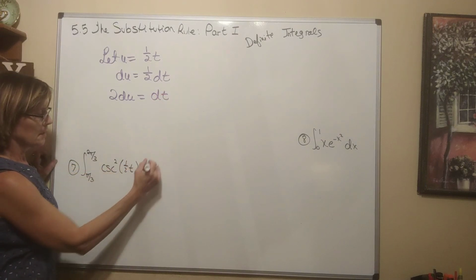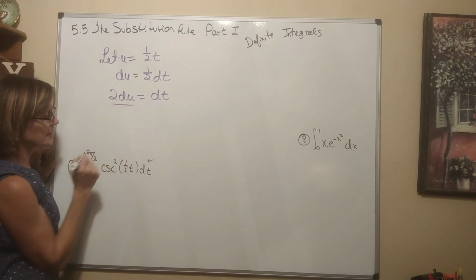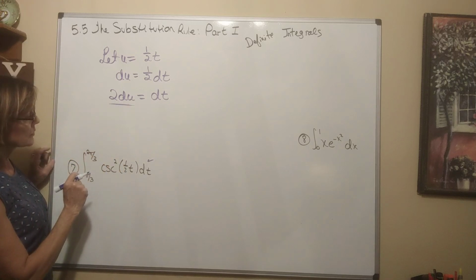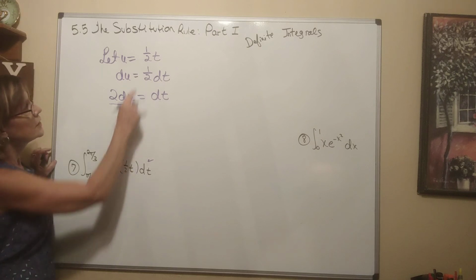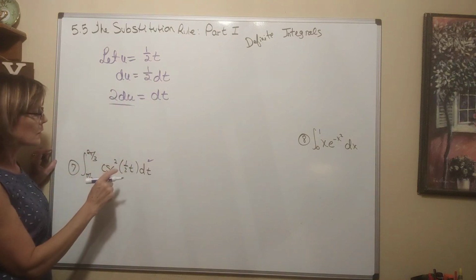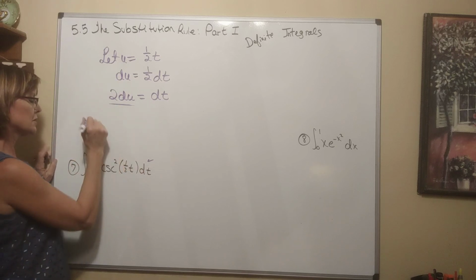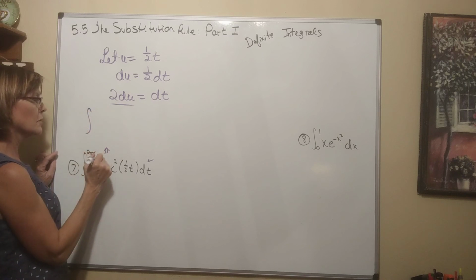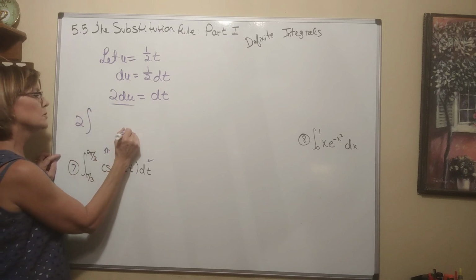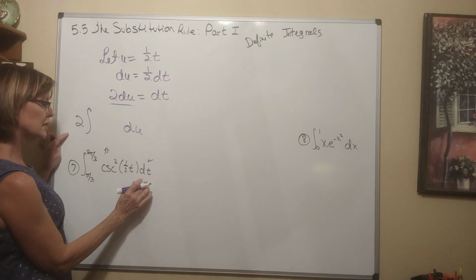Let's see. dt is taken care of by writing down 2 du. The integration symbol's free. And then I can say this is the cosecant squared of u. So that's going to work. Let's rewrite this. Because of the space on the board, I kind of did this backwards. So let's go up here. So this is going to be the integral symbol. When I write down 2 du, what did that account for? That took care of dt.